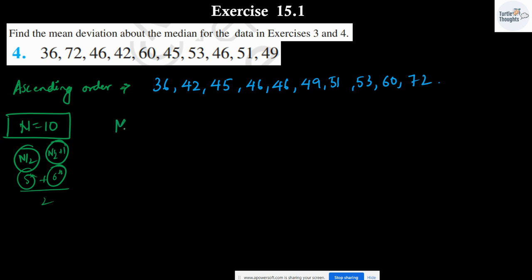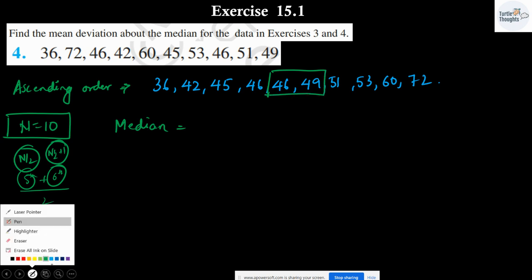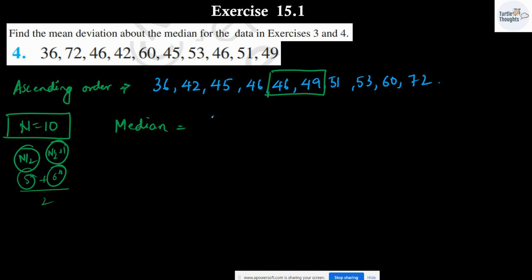So median is going to be equal to the middle term. Which is going to be the middle term? The fifth and the sixth, the average of these, 46 plus 49 divided by 2. This is going to be your median.